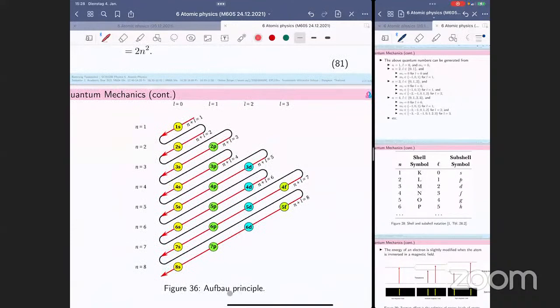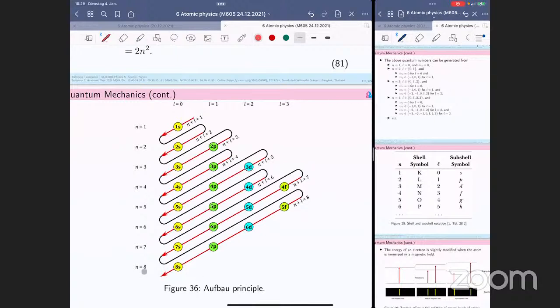Aufbau is a word in German, the language spoken in Germany. Aufbau means building up, building on top of that, or something like that, in English. But simply speaking, it's called the Aufbau principle.